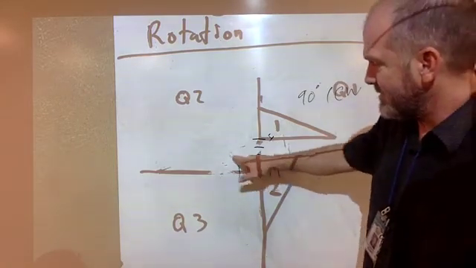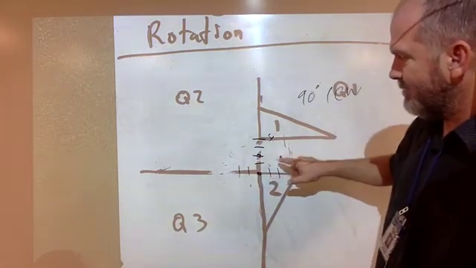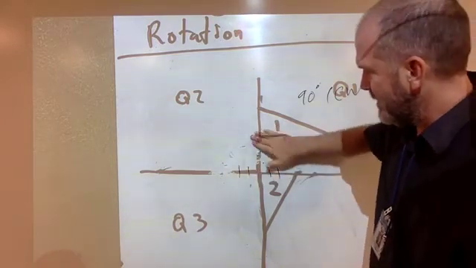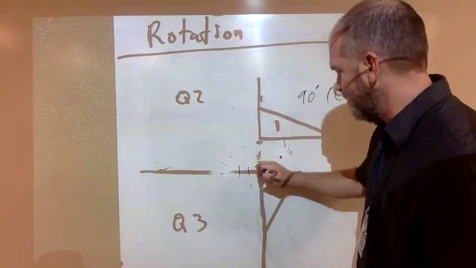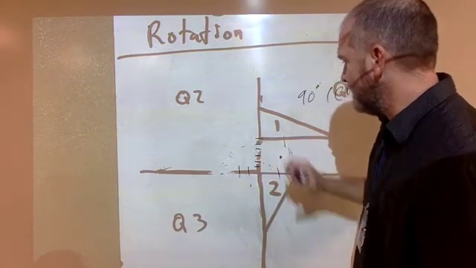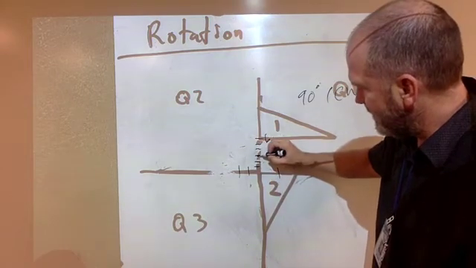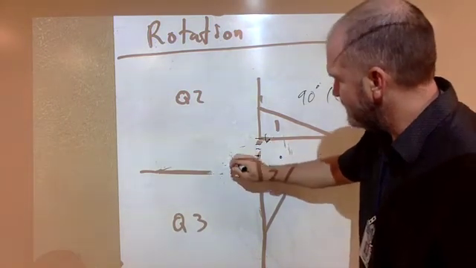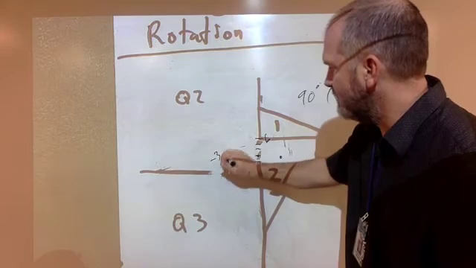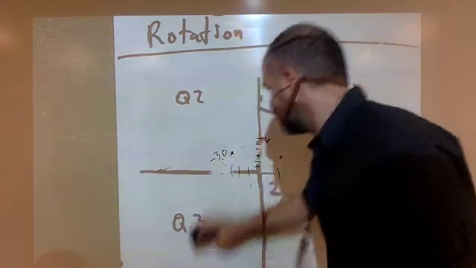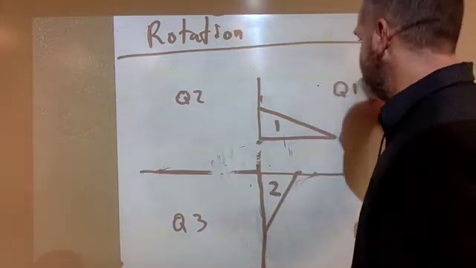Am I going 2 spaces to the left or 2 spaces to the right? But to figure out where that is, it's splitting the difference. If there's 6 spaces in between here, 1, 2, 3, 4, 5, 6, then you would say half of 6 is 3, and you would go left 3 spaces. So your center would be at -3, 0. All right, so that's how you find the center when it's not the origin.